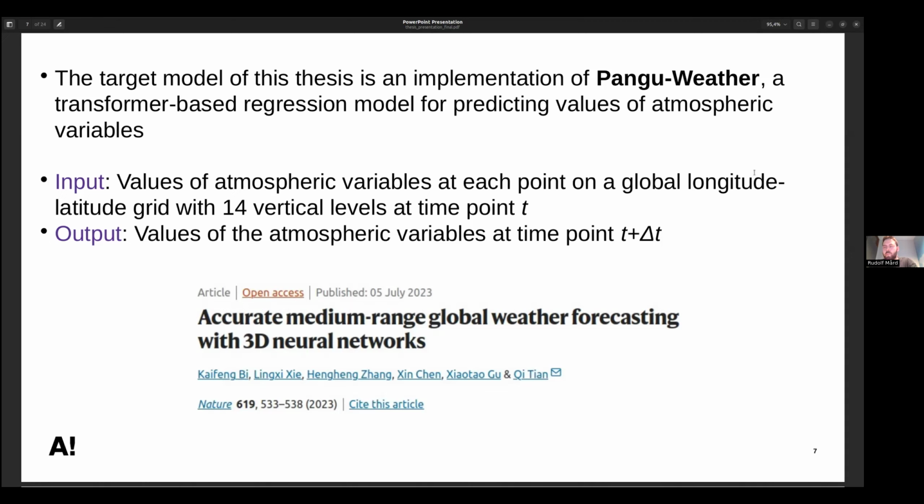So the input is a three-dimensional data volume, and the output would be values of those atmospheric variables at time point t plus delta t. In my experiments, I selected delta t to equal 3, so the model would make predictions 3 hours into the future. And the input and output have the same shape.